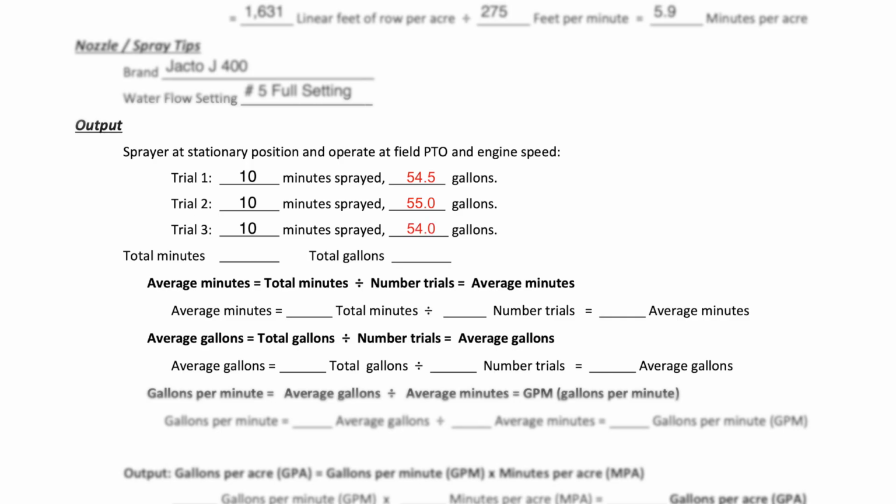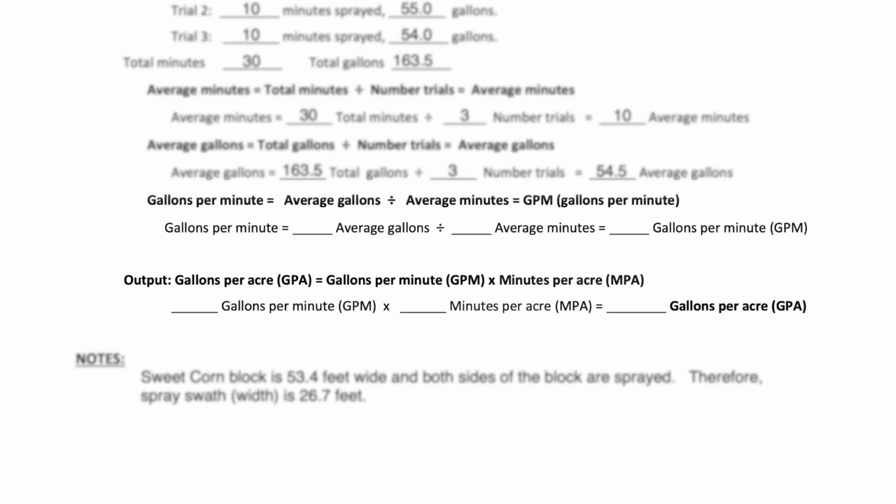Determine the average output of the 3 test sprays. With a total spray time of 30 minutes and a total output of 163.5 gallons, we'll divide each of those figures by 3 and determine that the average test spray for 10 minutes produces 54.5 gallons. The amount sprayed during the measured time can be then translated to the number of gallons per minute being applied.